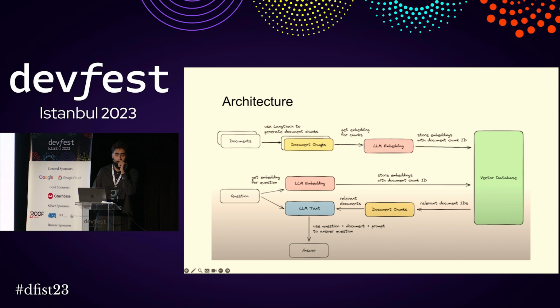Yes? What is the difference between a normal database and a vector one? That is a good question. So what's the difference between a normal database and a vector store? A vector store is optimized to store numbers, especially floating point numbers, because the embeddings that we mentioned are simply arrays of long floating point numbers.